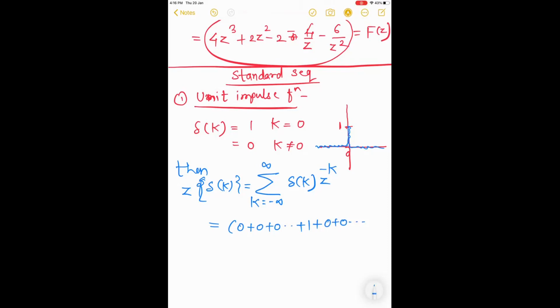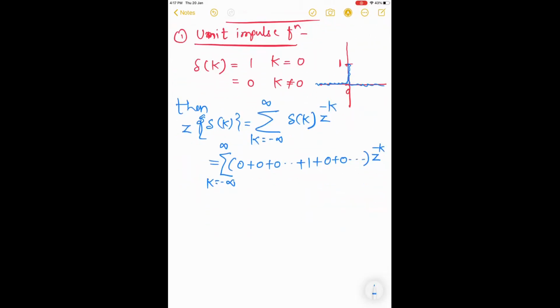Do you agree with this? If you want to put everything in the summation sign, it is the sum over k from minus infinity to plus infinity of z raised to minus k, so only the 0th position counts.